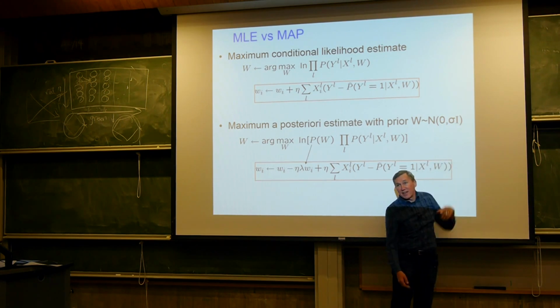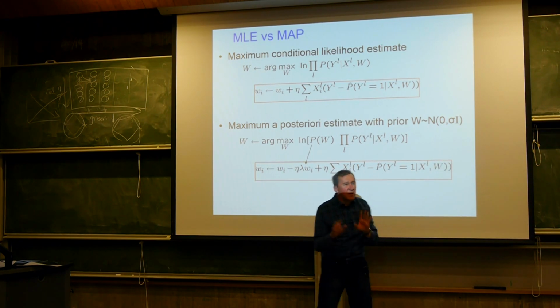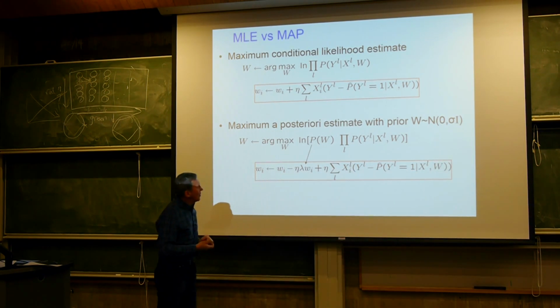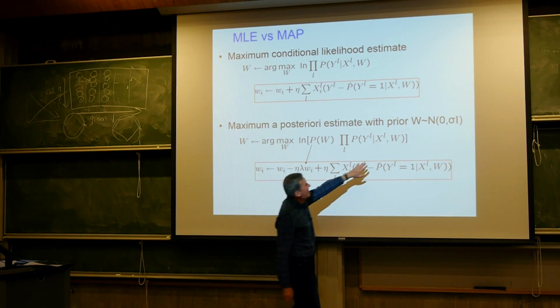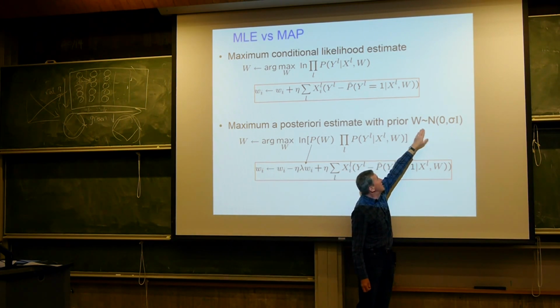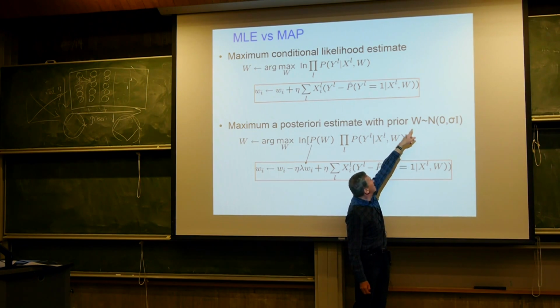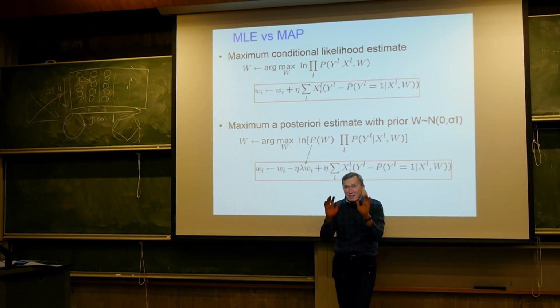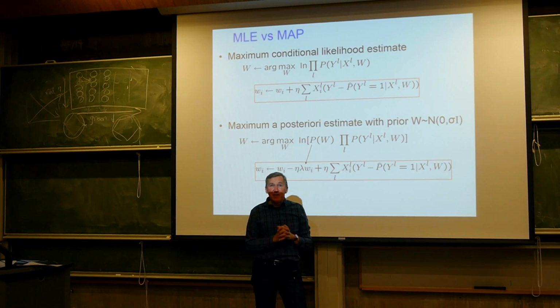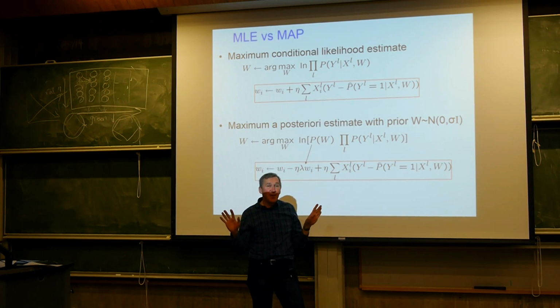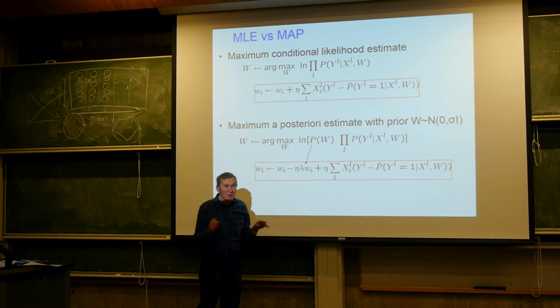That's why this I is here. It's the identity matrix. That's a detail we don't have to really worry about right now. You can think of this as just a set of normal distributions. We say every weight, w sub i, follows just a univariate normal distribution with mean 0 and variance sigma.